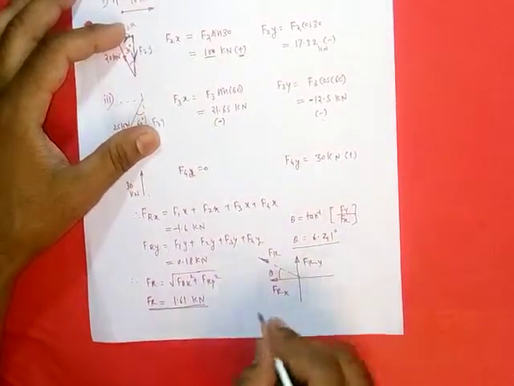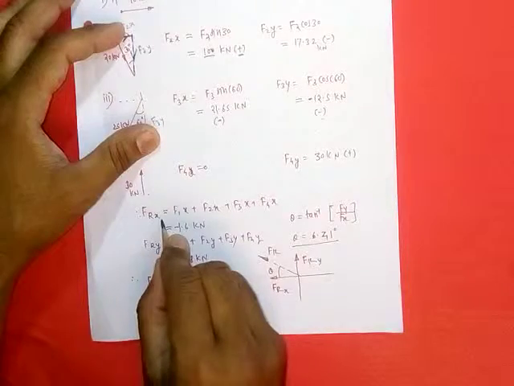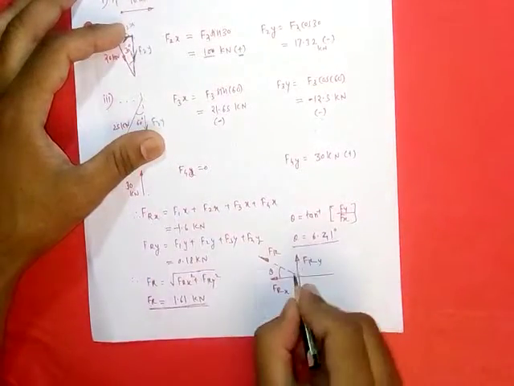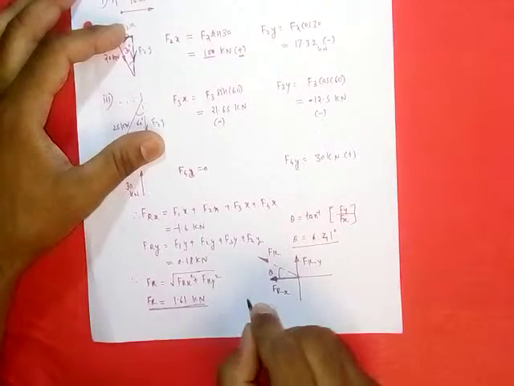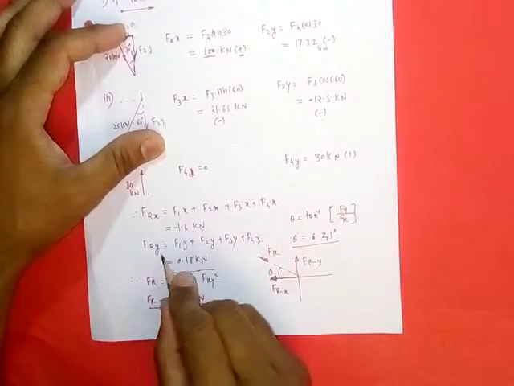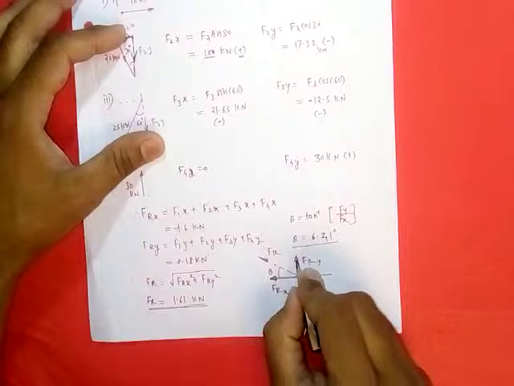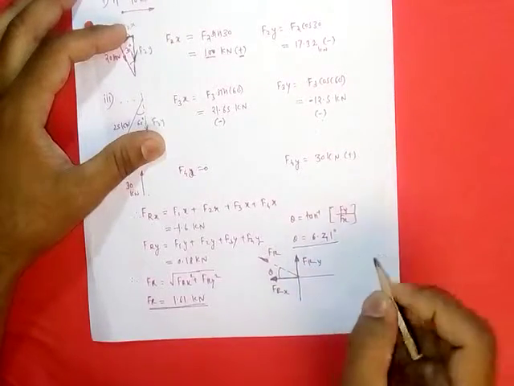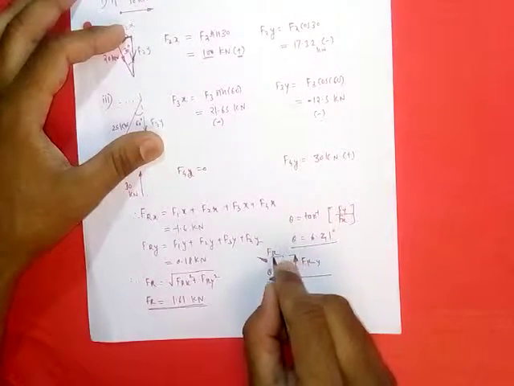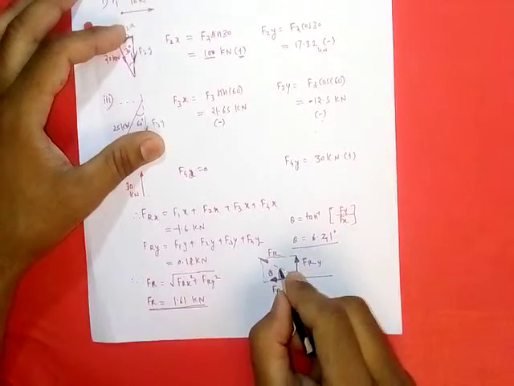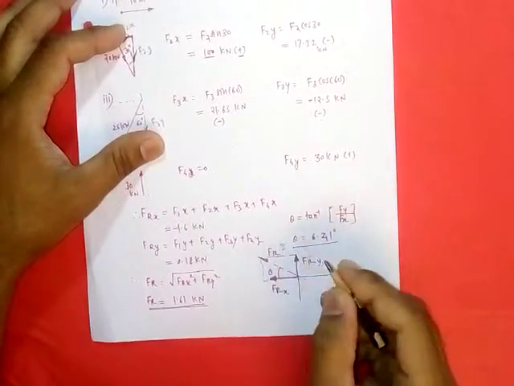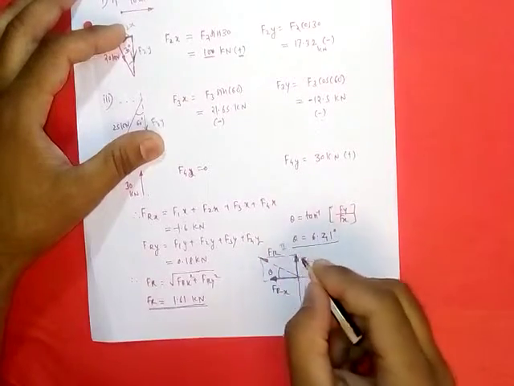Here our x component is negative, so this will be along x direction but towards left side. Y component is positive, so it is in upward direction, so its resultant lies in this plane. This means second quadrant, sorry, not third.